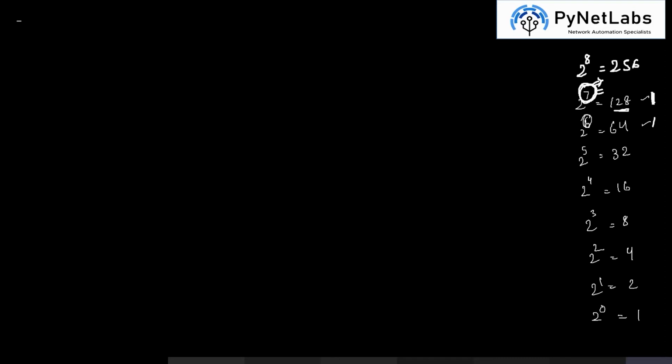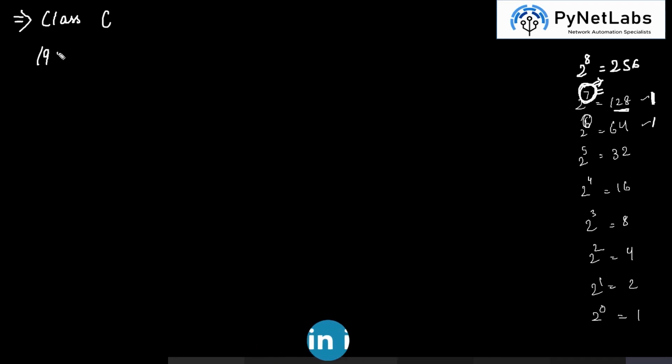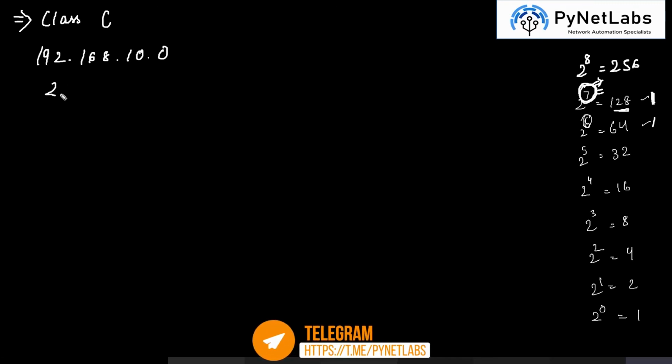Guys, don't worry about requirements for more than 250 PCs. We will look into class B subnetting and class A subnetting after this. Let's first understand the thing which we are doing right now. We are just learning about class C as of now. And now I am giving you an IP range, which is 192.168.10.0. And the requirement is 25 PCs.